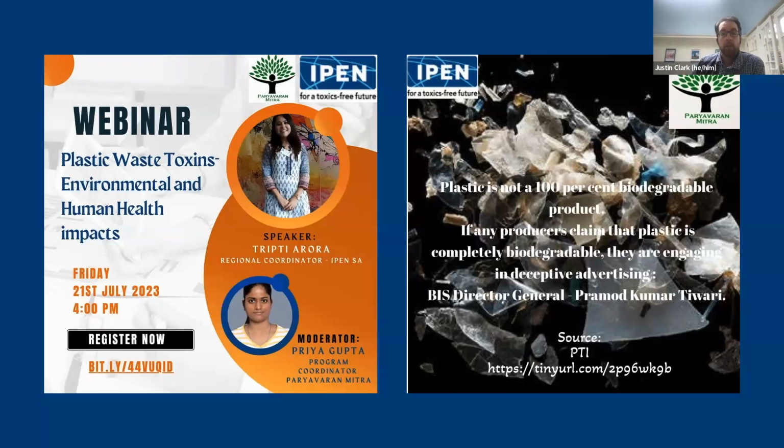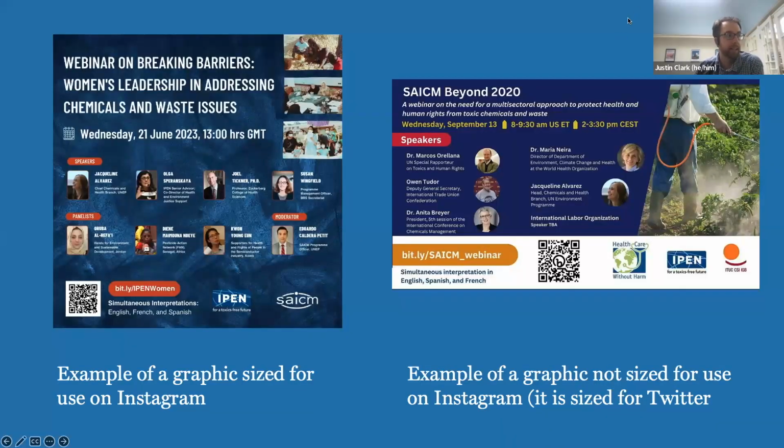Okay. So another note about creating graphics to help support the programs and activities that you are working on is to look at the size of the graphics itself. One of the frustrating things about creating graphics is that each of the social media platforms optimizes a different size.